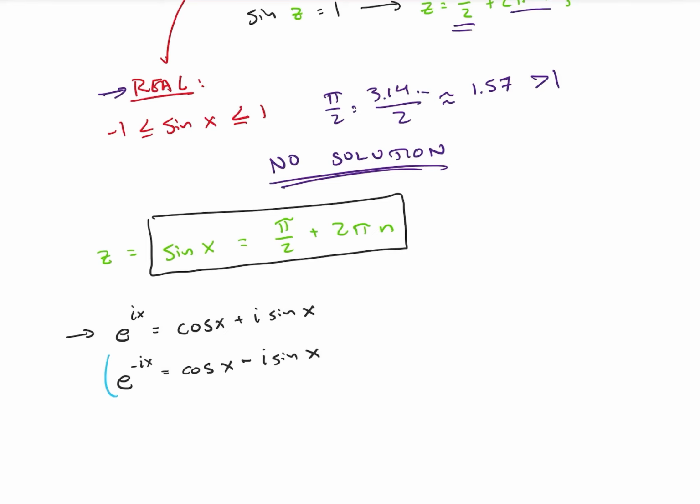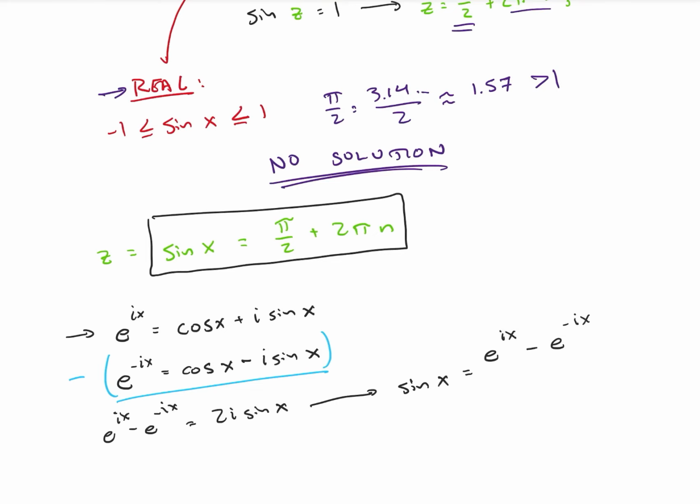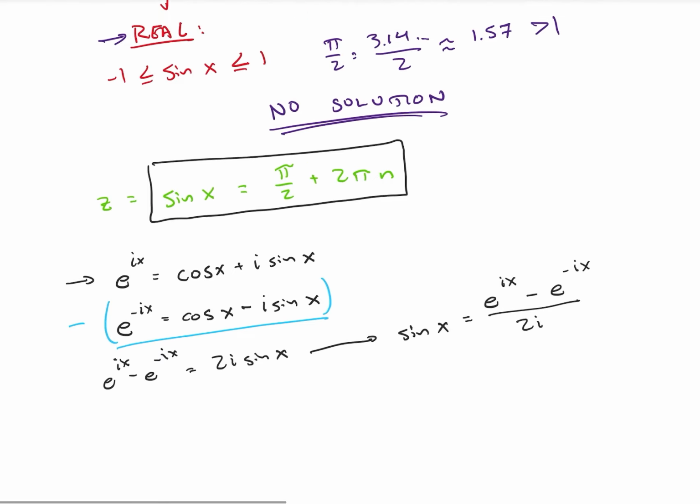What I notice is that I can subtract this function from the other one, and I get e to the ix minus e to the negative ix is equal to 2i sine of x, which tells me that I can rewrite sine of x as e to the ix minus e to the negative ix divided by 2i. So let's go ahead and do that.